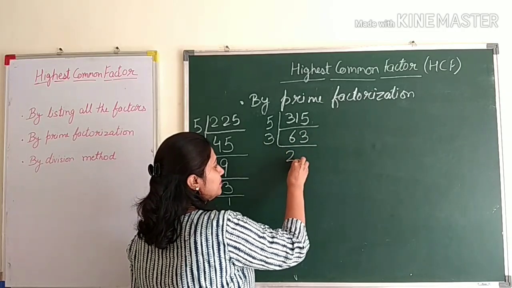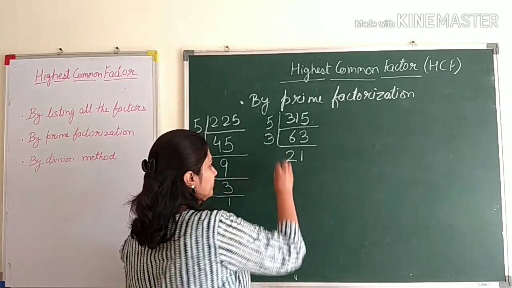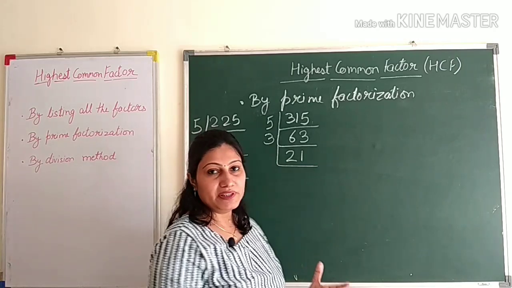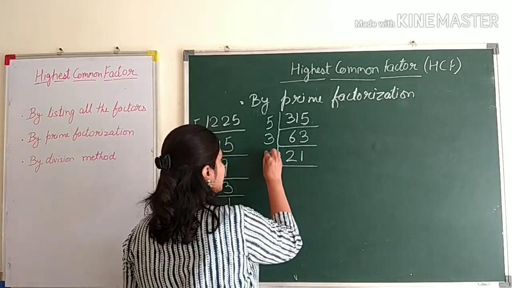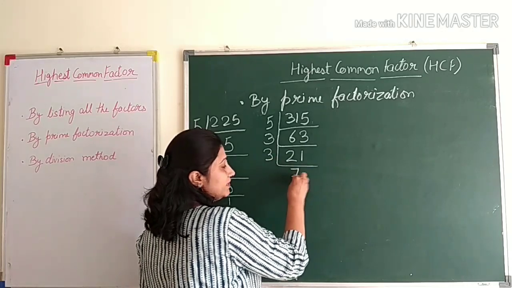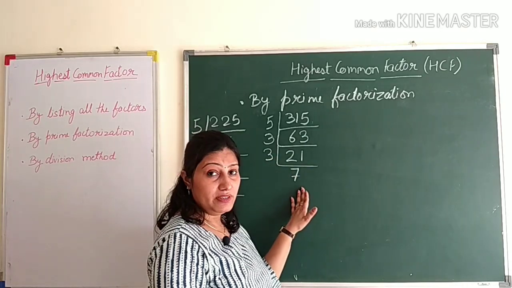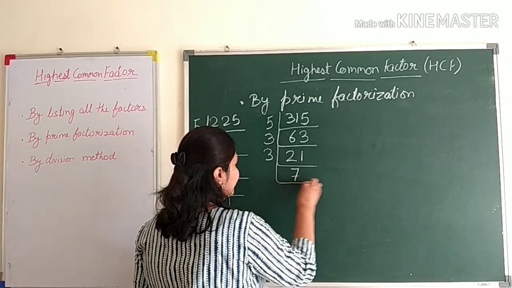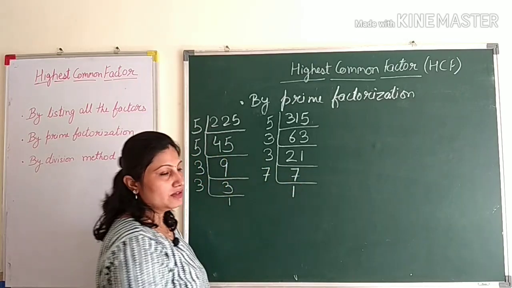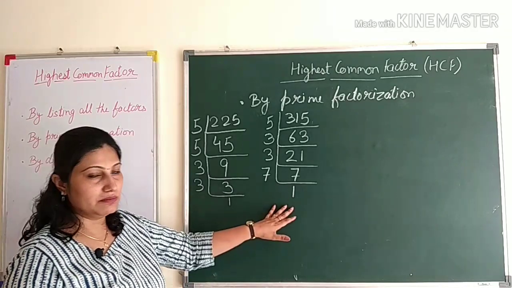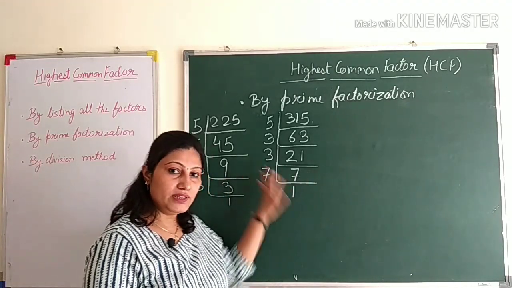So the number that comes up will be 21. If you remember the table of 3, you can see 21 comes in the table of 3. So 3 7s are 21. 7 is a prime number. So 7 will come in the number itself. So 7 1s are 7. So these are the factors of both the numbers. Now you have to write all these factors together.